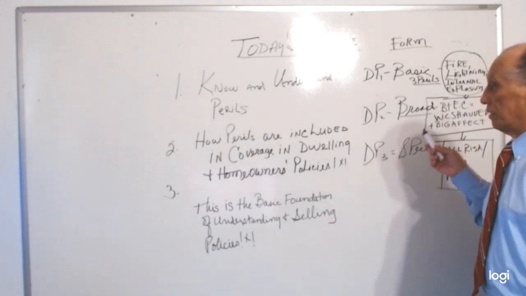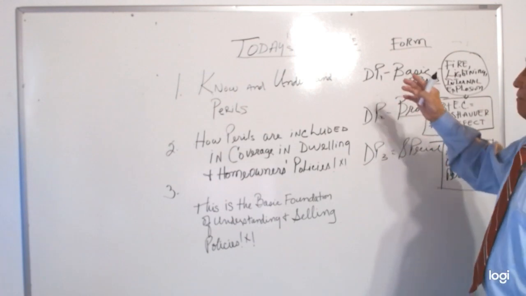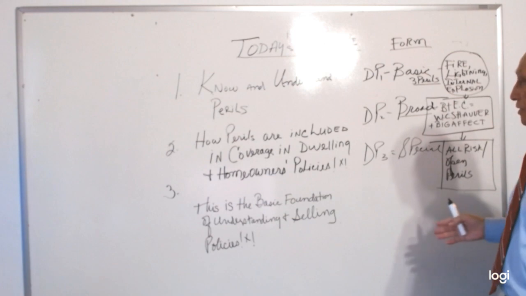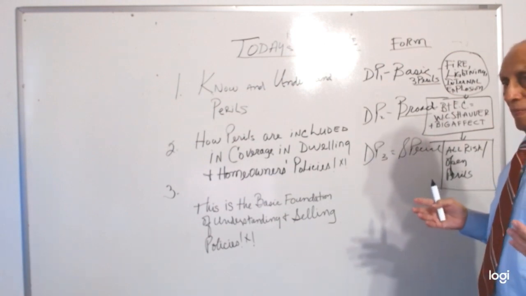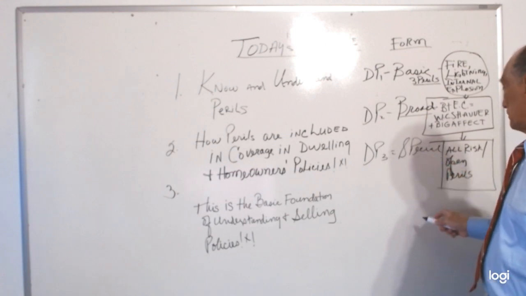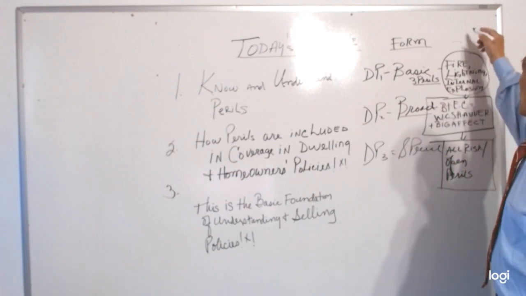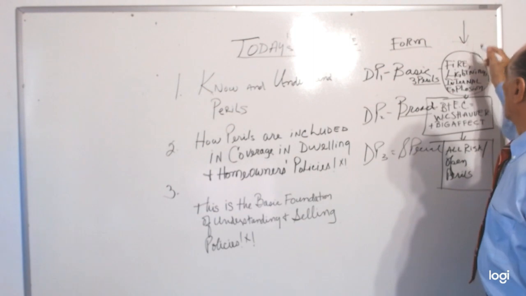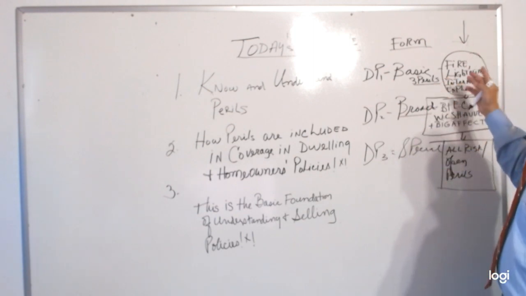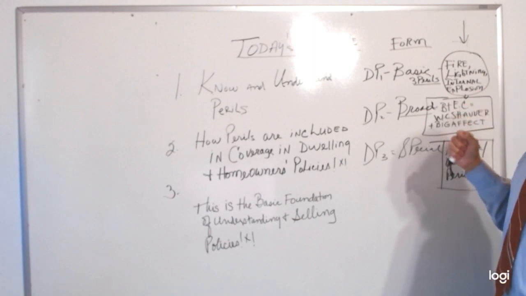Again, here you must understand what is, first of all, the perils, then the structure of the policy, basic, broad, and special. This is what you're buying to cover yourself, because you have interest in all these properties: fire, lightning, and internal explosion.